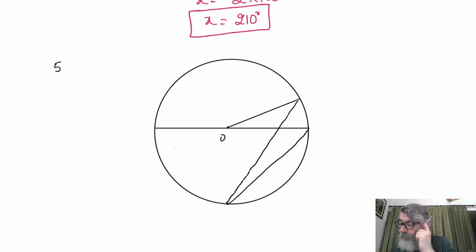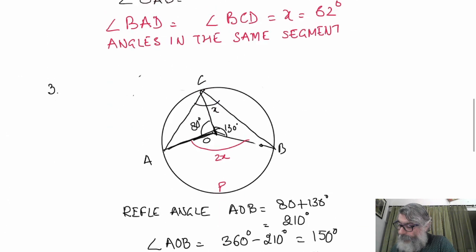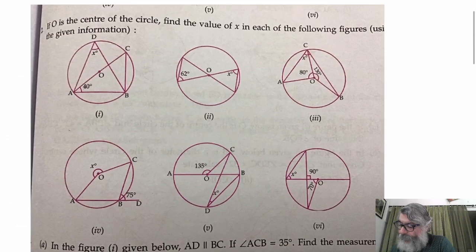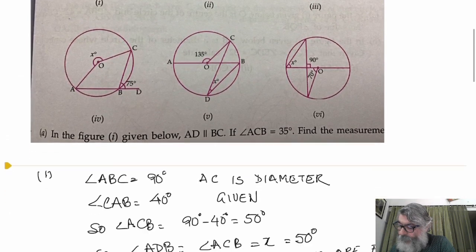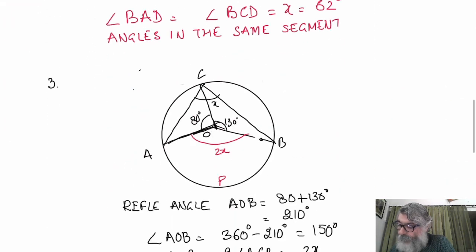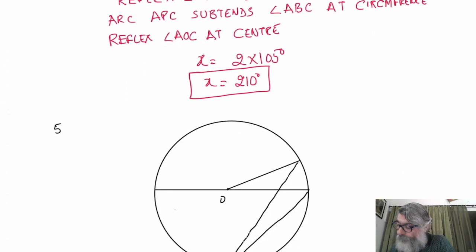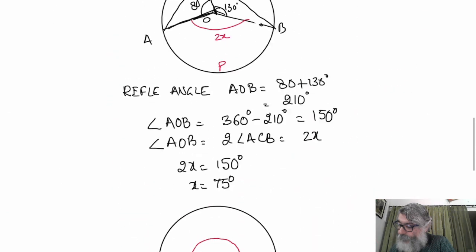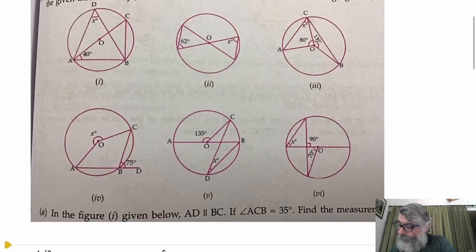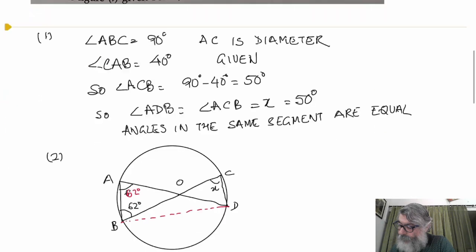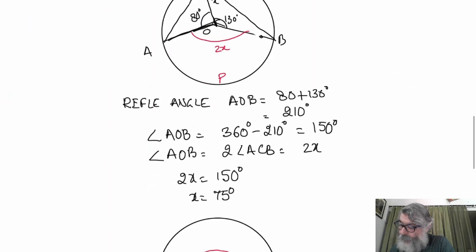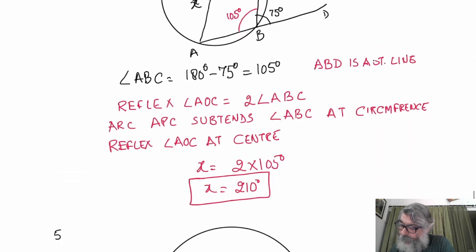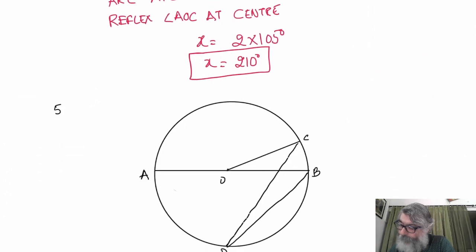And what are the names given? AOB and CD, 135. This angle is 105 degree. This angle we have to find. X we have to find.